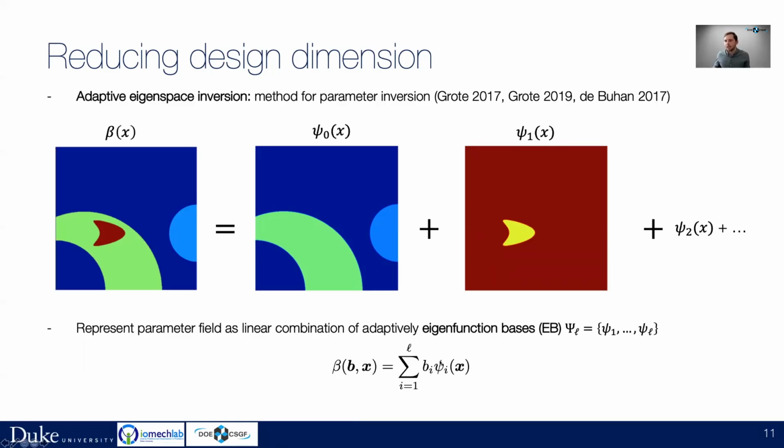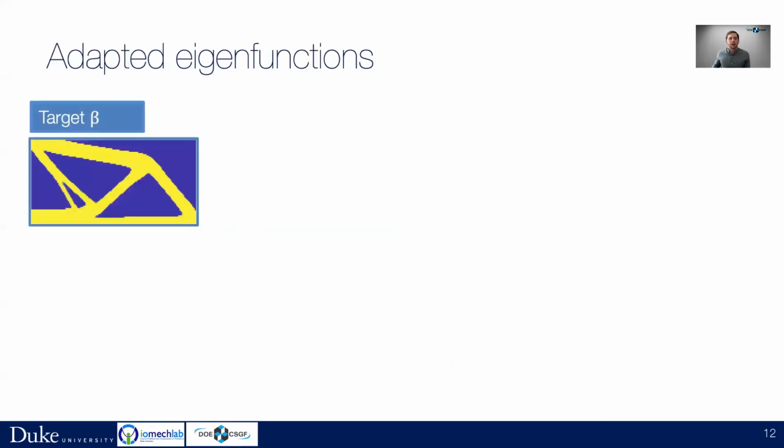And this will represent both a significant reduction in the number of design variables you're searching for, as well as this restriction to a finite basis will impose length scale regularization that will avoid the need for the filtering operations that you would normally need to do throughout the optimization process for a normal topology optimization problem. So I'm going to show a quick example of how these adapted eigenfunctions are constructed.